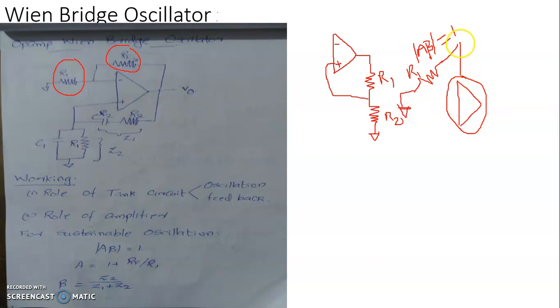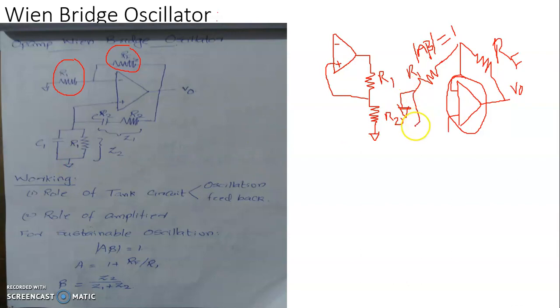Another branch, say RF here, is connected to the voltage point VO, that is the output voltage point. So this is RF. This is connected to the inverting terminal. And at the non-inverting terminal you have another branch. The end of this branch is also connected to the ground terminal.